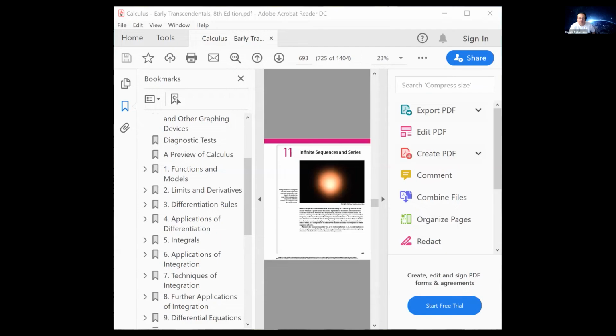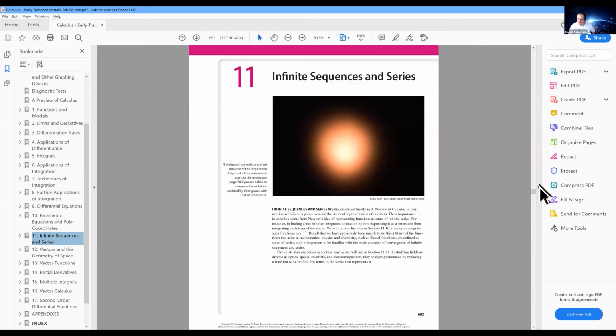Okay, let's kick in here. And oh, it did appear. Good. Right, I'm minimizing some bits and pieces, or at least attempting to, and failing miserably. Okay, can you see infinite sequences and series? That's what I was fighting my way through.